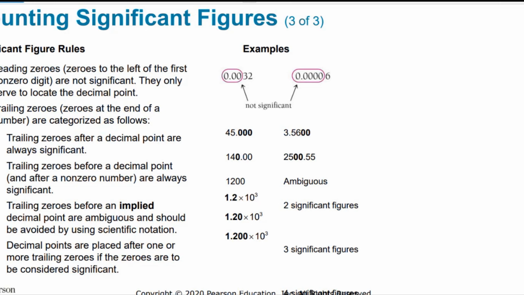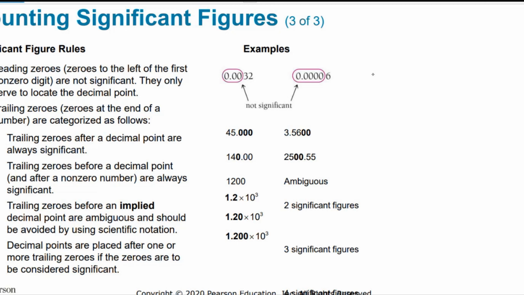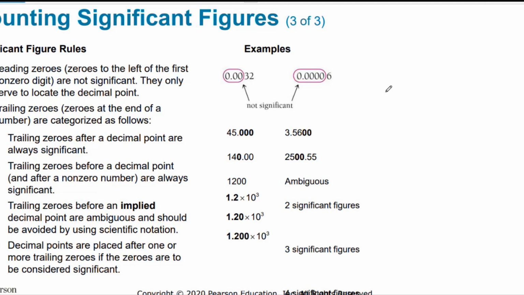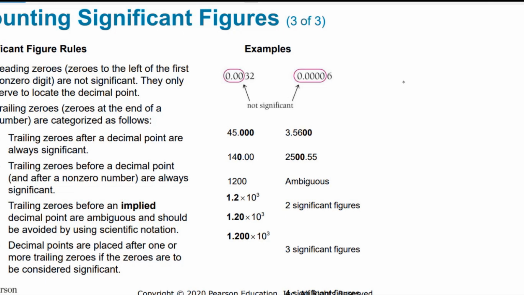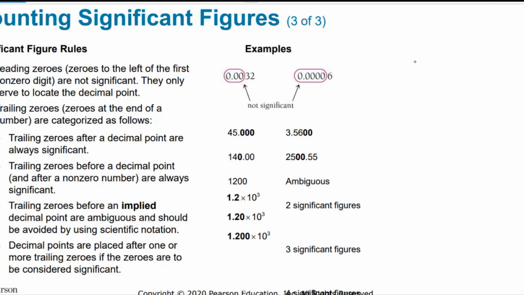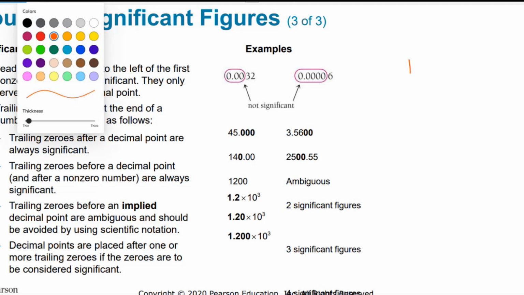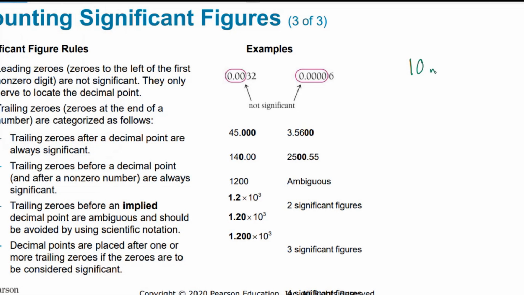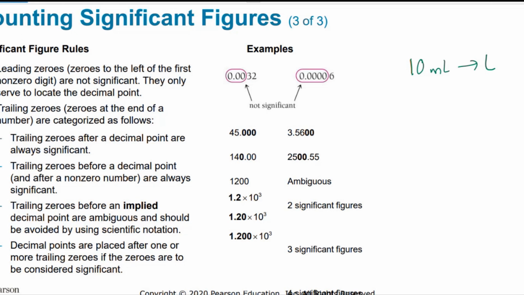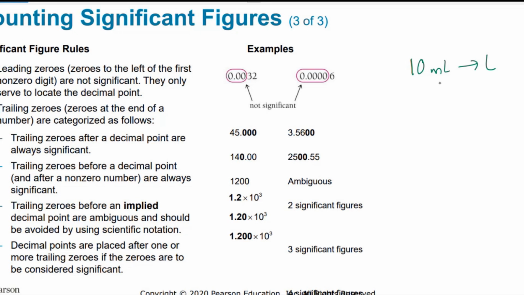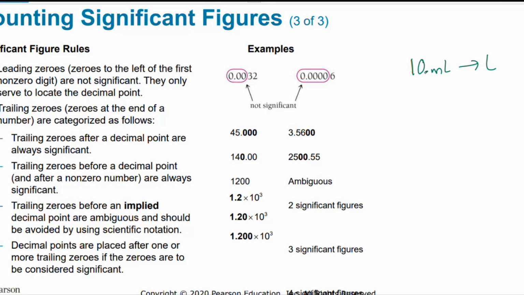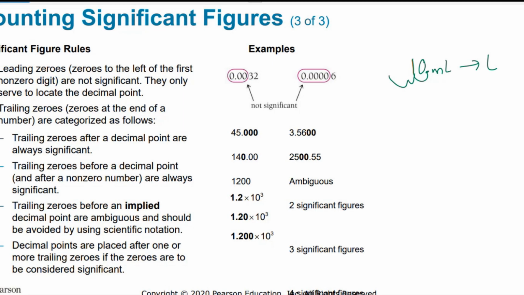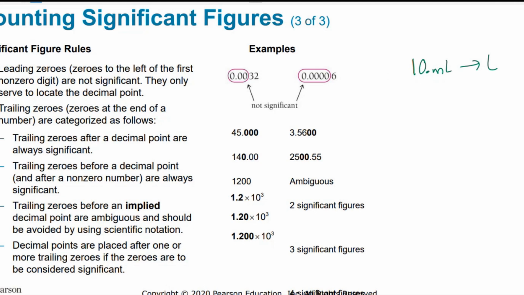If you have a decimal number, leading zeros on the left are often there as placeholders. So for example, let's say I converted 10 milliliters to liters. How do I do that? I divide by 1,000, or I move my decimal point 3 places to the left.